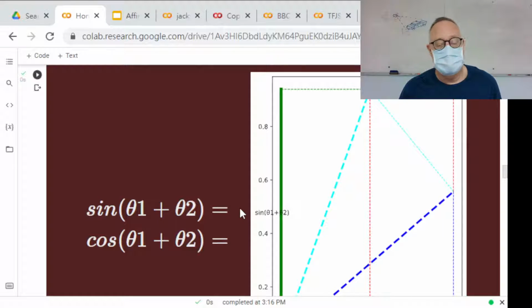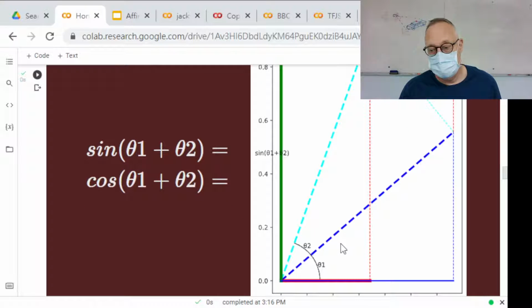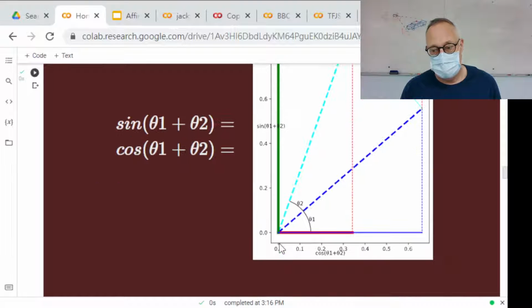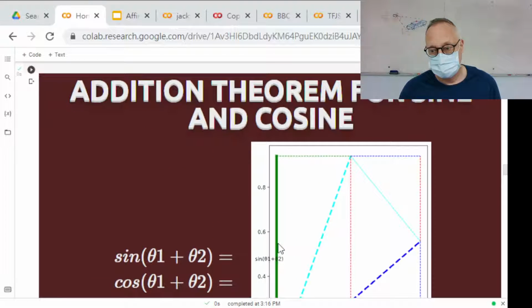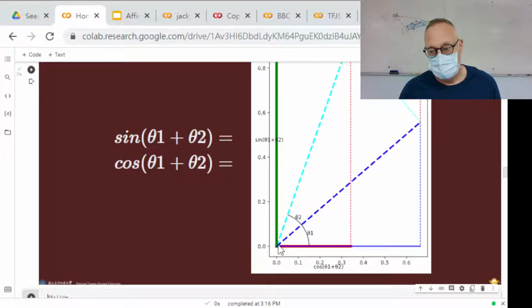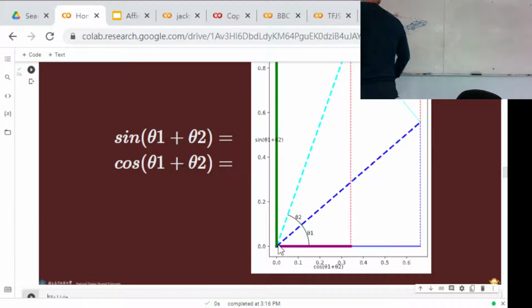And then we have this particular figure here, and this is actually a pretty nice proof. I want to figure out what's the sine of the sum of two angles and what's the cosine of the sum of two angles.